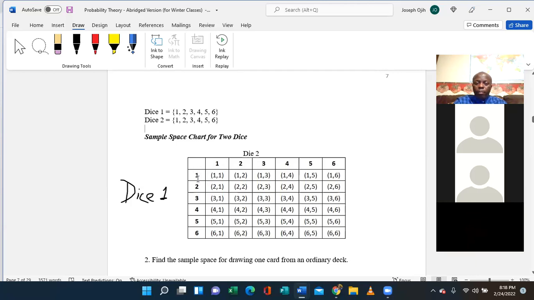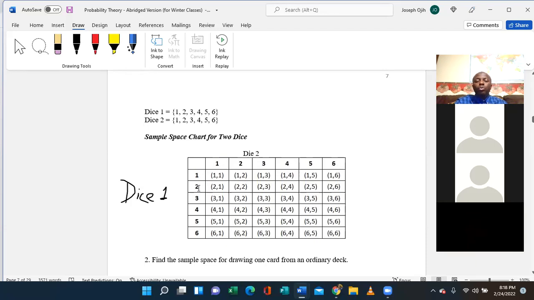Or 1 might show up in dice 1 and 2 in dice 2, so you have 1, 2. Then 1, 3, then 1, 4, and 1, 5, just like that.